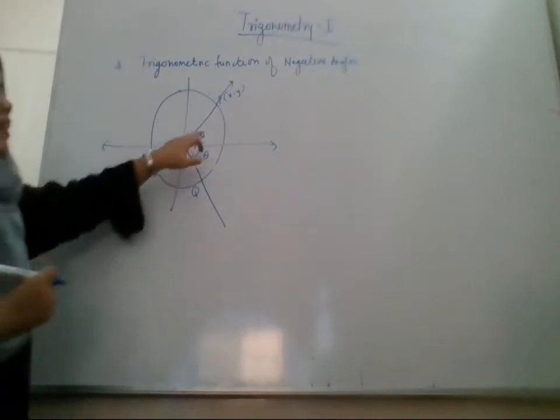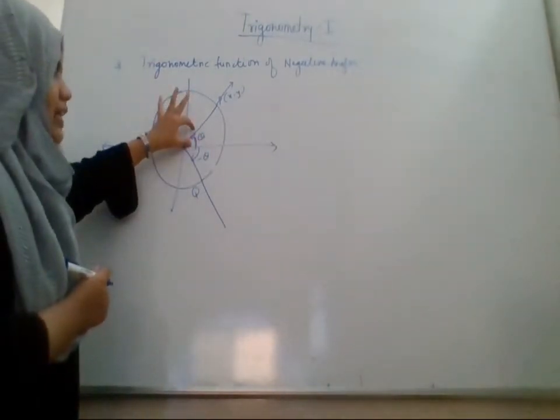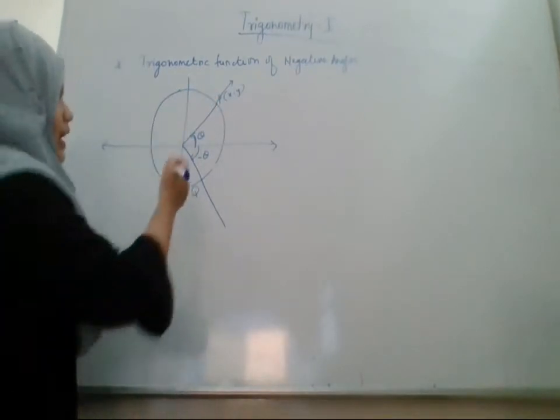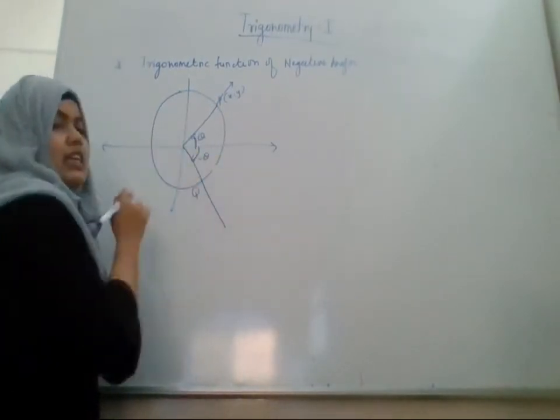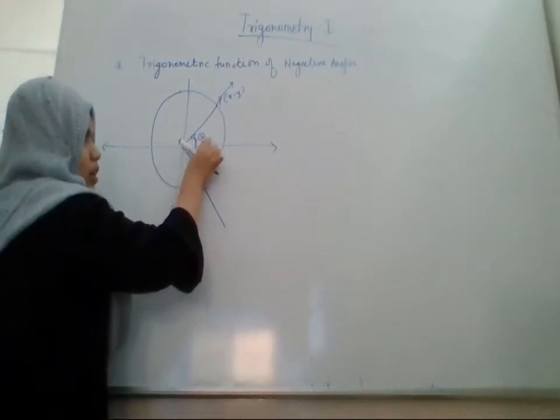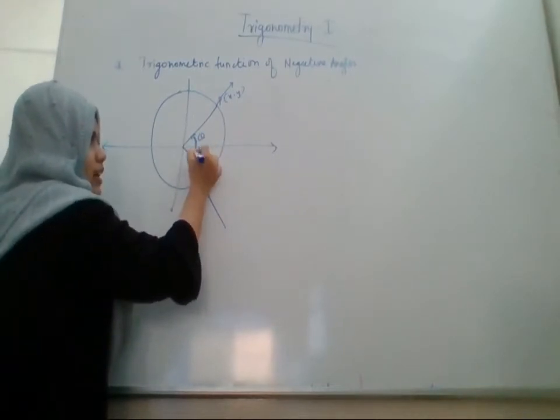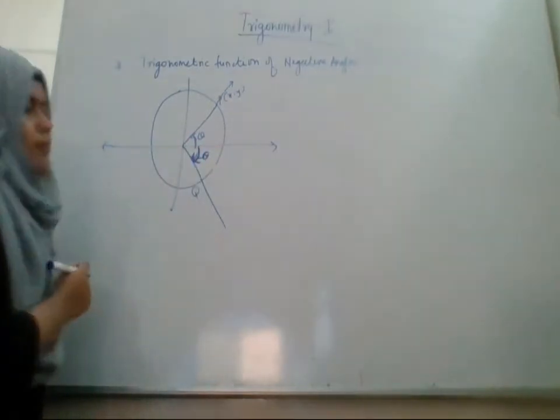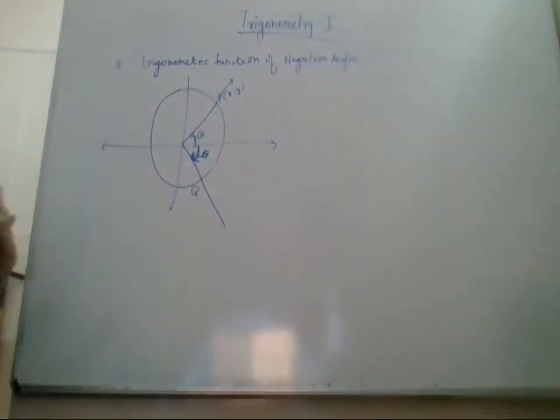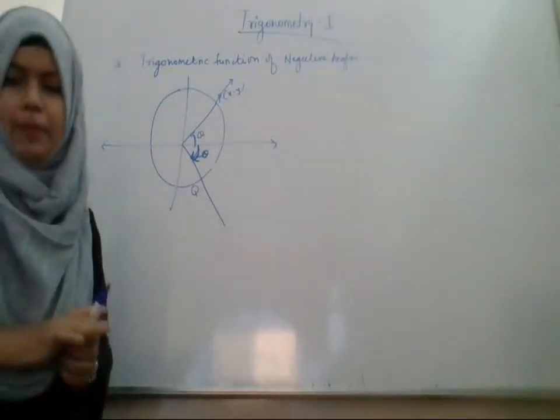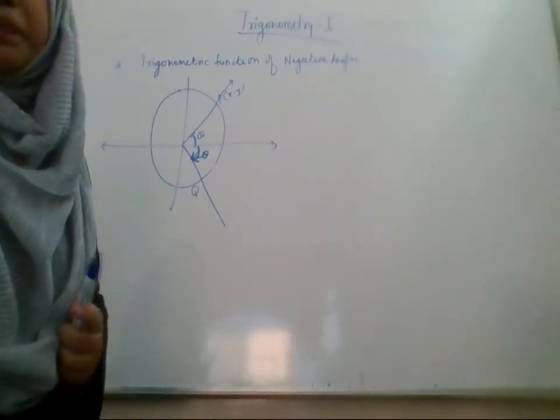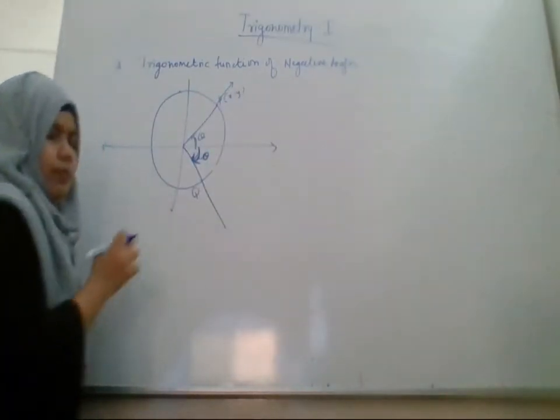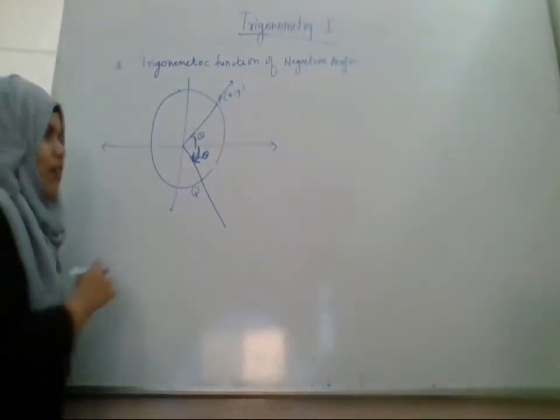Here theta is the angle and P is the point on its terminal arm, and minus theta is an angle of the same nature as theta but in the clockwise direction. Therefore we have put a minus sign there. The rest is all the same. The coordinates of point P are x and y.